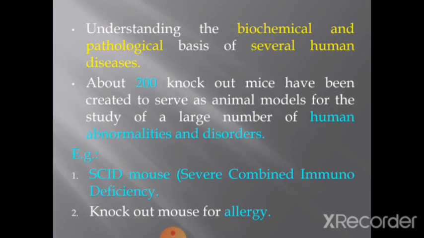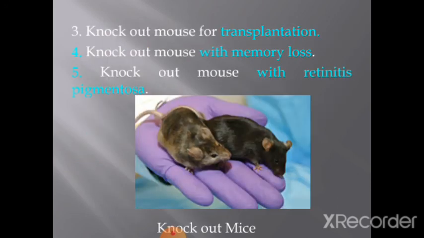For example, SCID mouse, that is transgenic mouse with severe combined immunodeficiency, then knockout mouse for allergy, knockout mouse for transplantation, knockout mouse with memory loss, knockout mouse with retinitis pigmentosa.